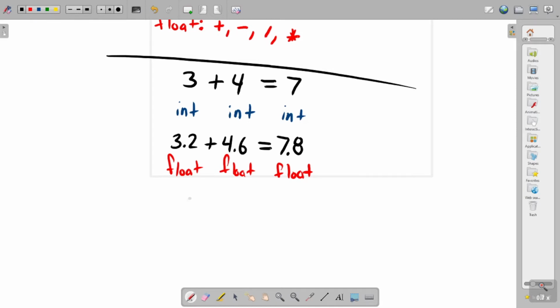So if I do any sort of arithmetic that involves a float or something similar to a float, like a double, then what it will do is it will coerce it. And what that means is that it will automatically convert it to a float if any integers are involved. So if I did 6 plus 3.2, then we know that 6 is an integer, and 3.2 is a float.